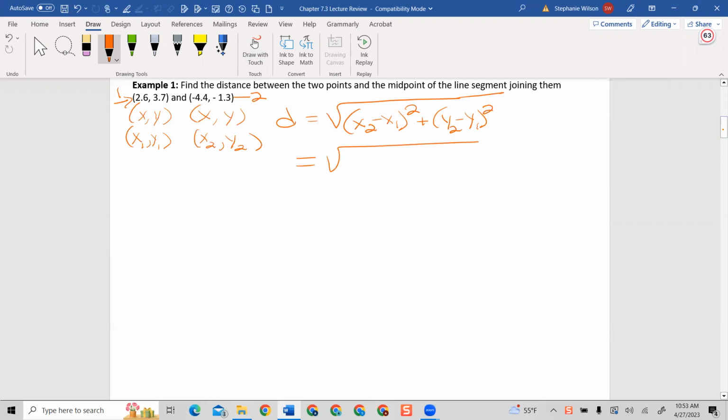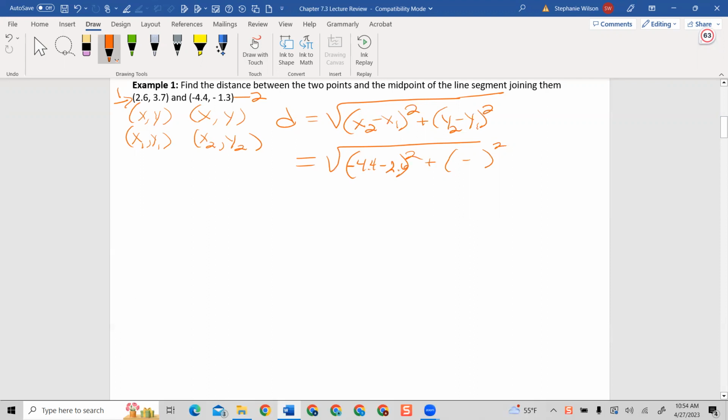Now let's solve. So my x from ordered pair 2 is a negative 4.4. My x from ordered pair 1 is a 2.6.